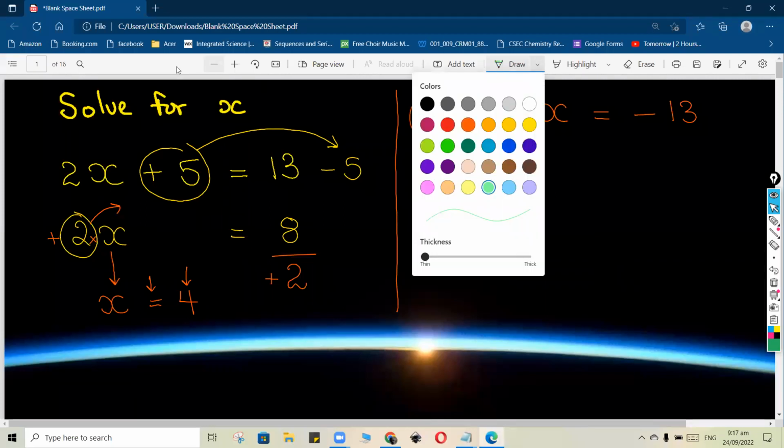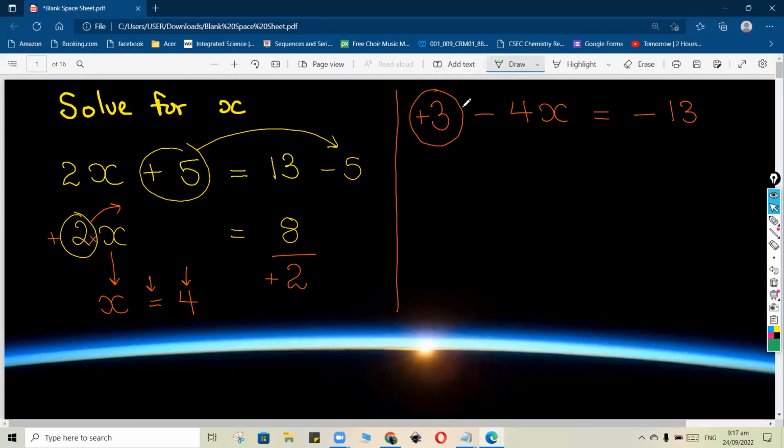Positive. That's the assumption in maths. So I think a few people forgot that that 3 is secretly positive. So when you throw across a positive, the opposite of a positive is a negative. So you see how I changed the +3 to -3? So this is what we end up with now.